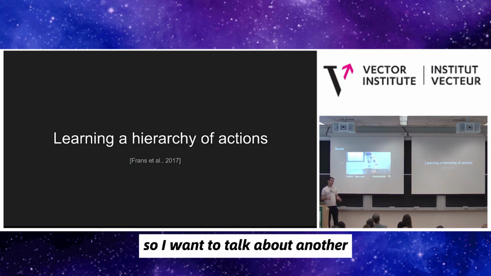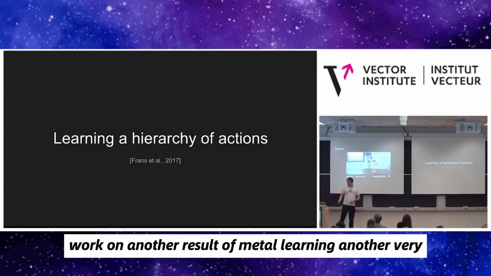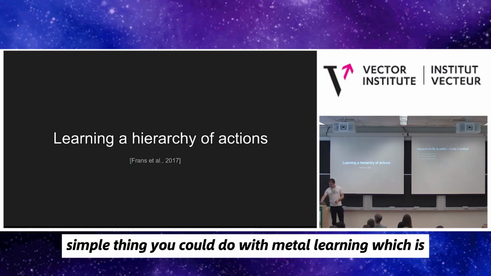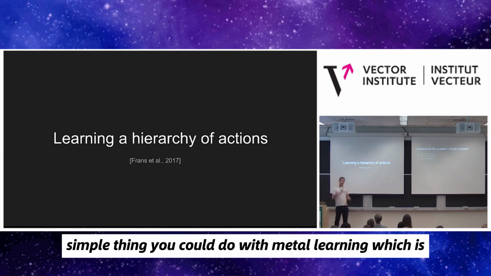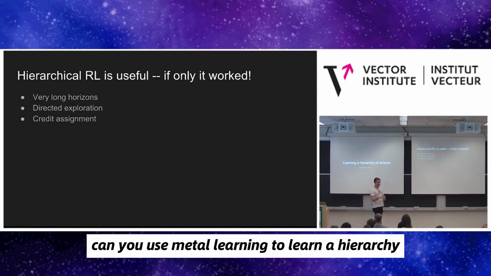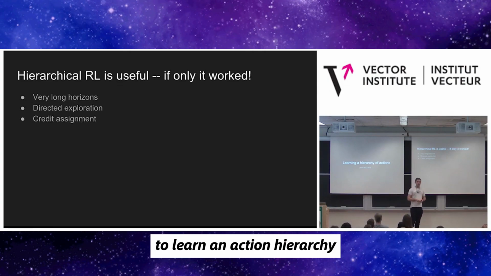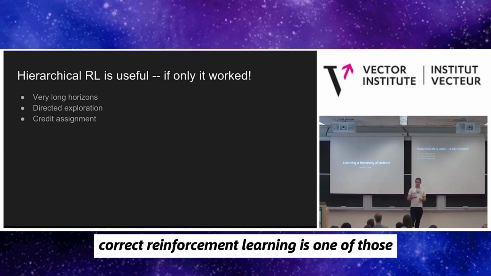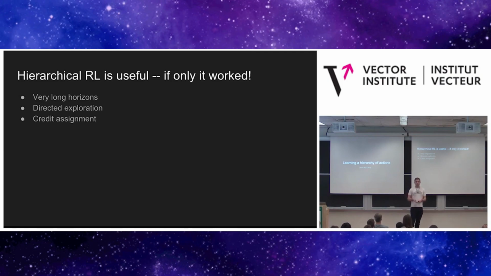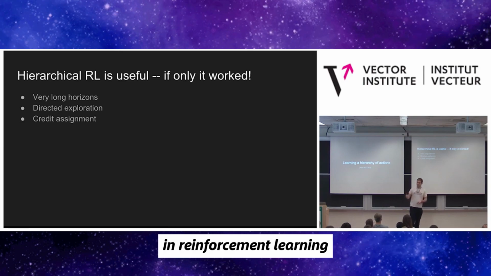So I want to talk about another result on meta-learning, another very simple thing you could do with meta-learning, which is, can you use meta-learning to learn an action hierarchy? Hierarchical reinforcement learning is one of those really good ideas that don't work yet in reinforcement learning.